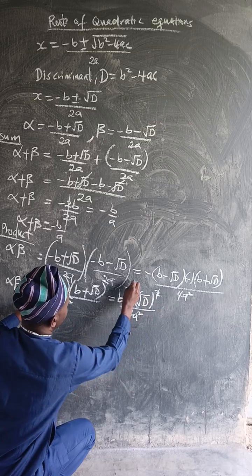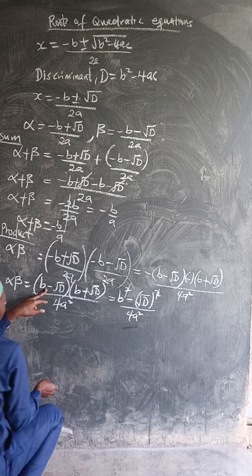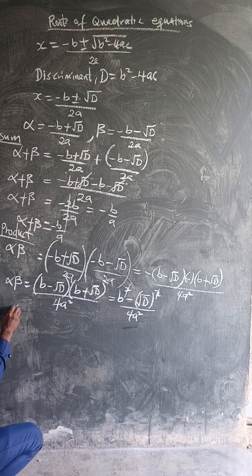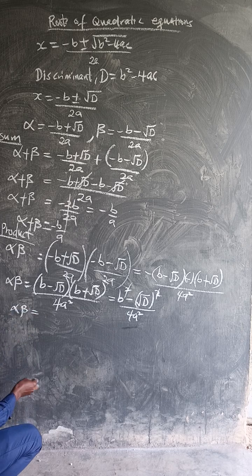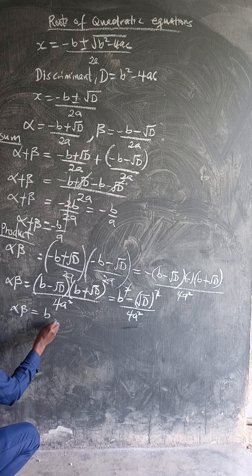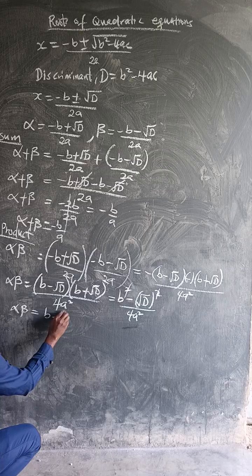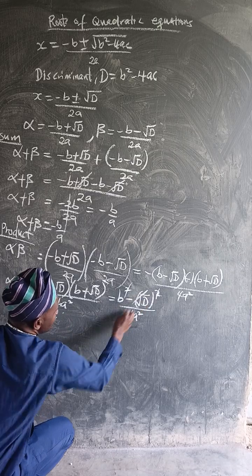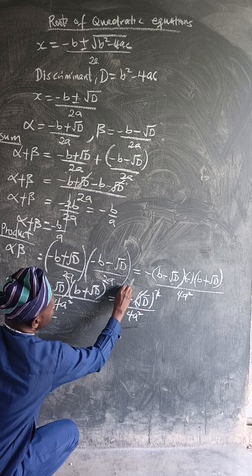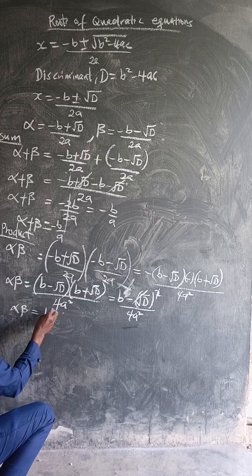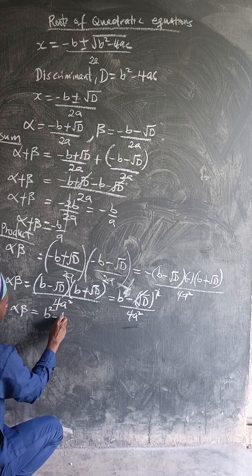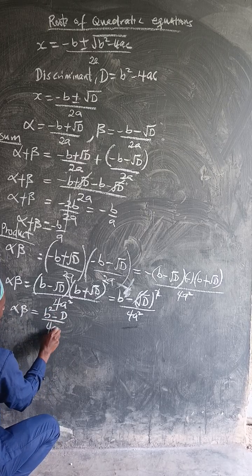So alpha beta equals b squared minus D divided by 4a squared, where the root cancels out.